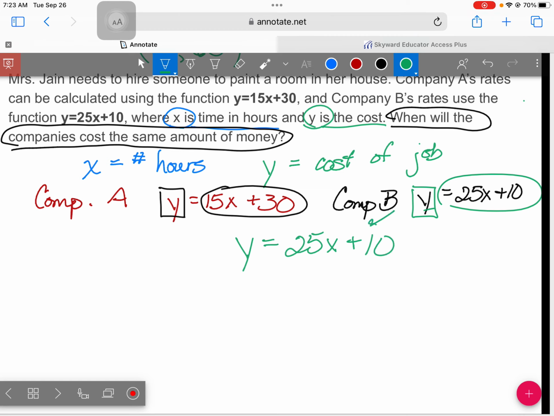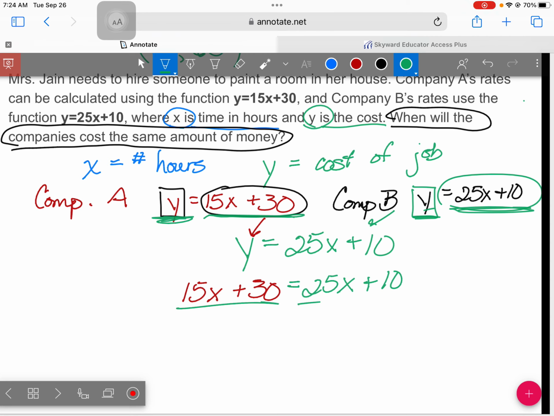And I'm going to substitute because y is also this amount right here. I'm going to substitute that in and say 15x plus 30 equals 25x plus 10. So whenever you have two equations that say y equals something and y equals something, and you need to solve, set those equal to each other, okay?